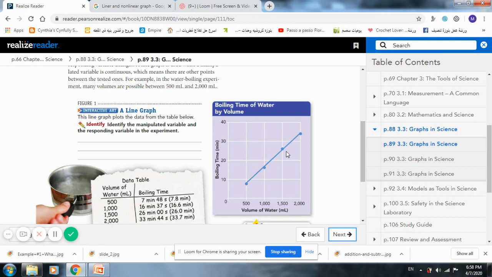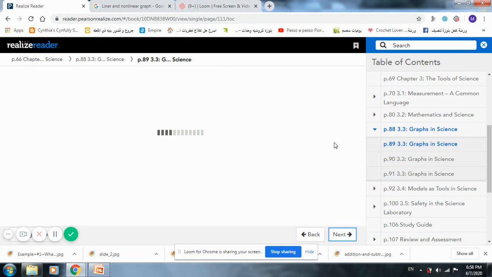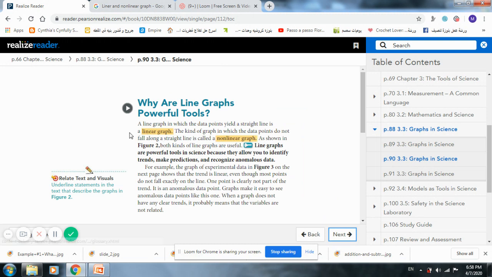So from science graphs, you can determine the relationship between two variables. Here, the relationship is that when the volume of water increases, the boiling time will increase too. We have two types of graphs: linear graph and nonlinear graph.